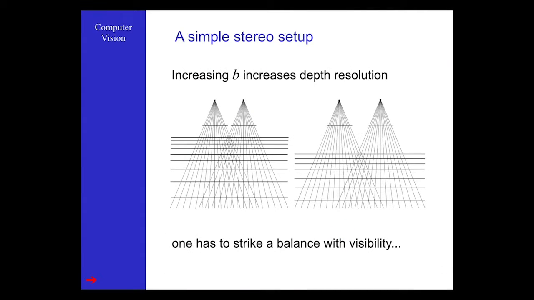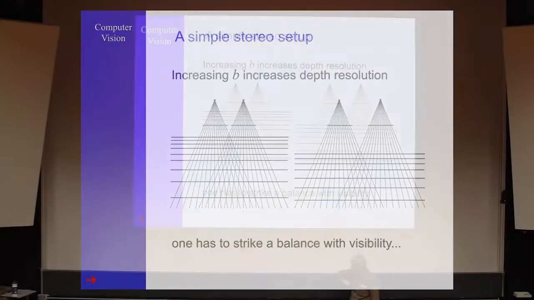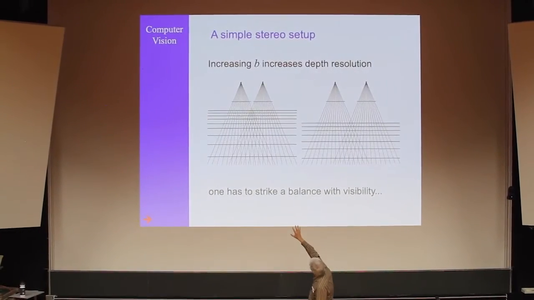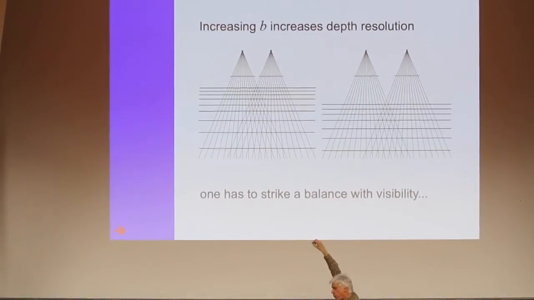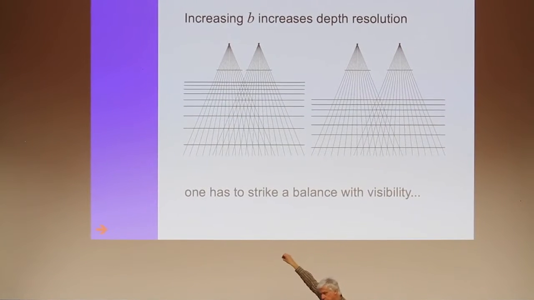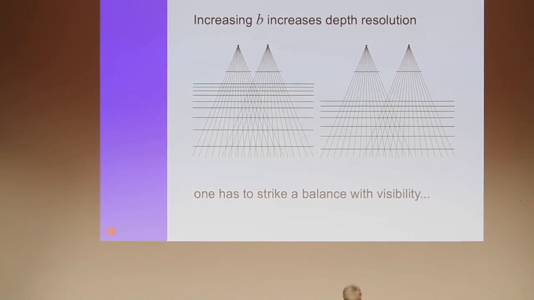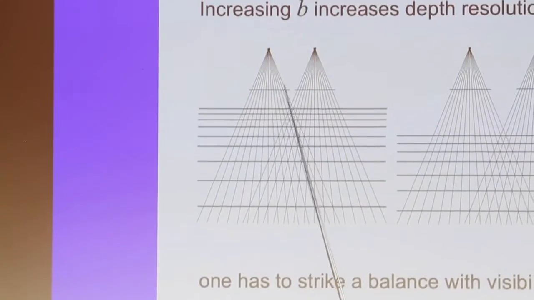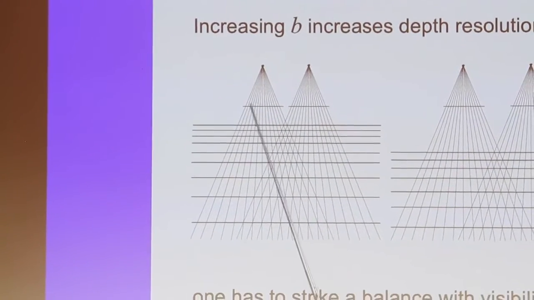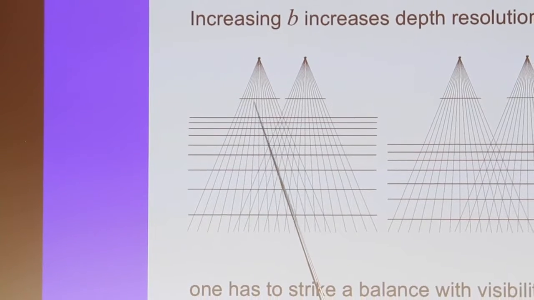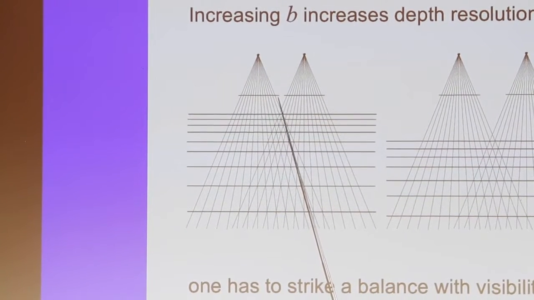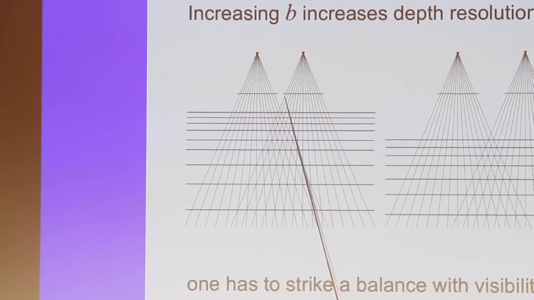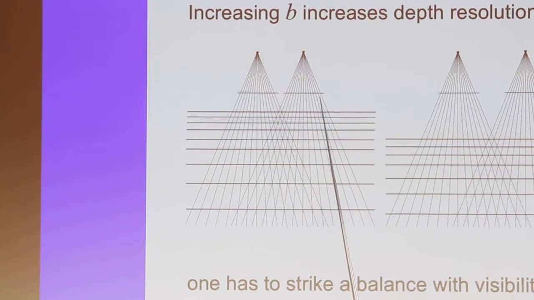So on the left and the right hand side, we have these two stereo setups. So you have to imagine that we're looking from the top on a stereo system. So the centers of projection of the two cameras are found here, and here we are looking at the image plane, but from the top. So image plane for the left camera and image plane for the right camera if you want.